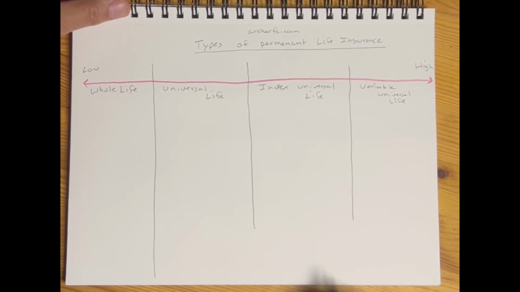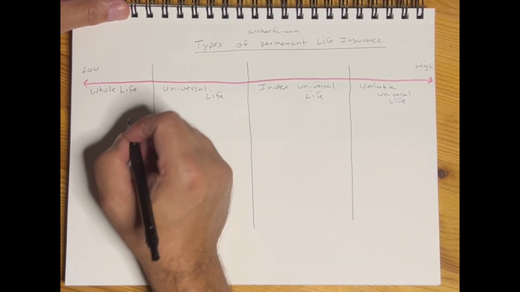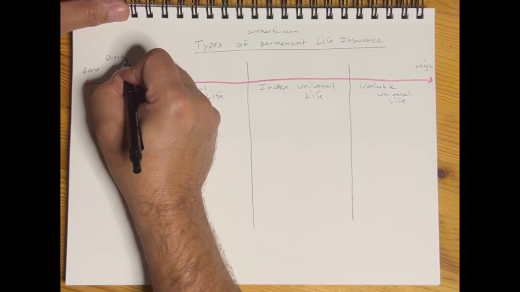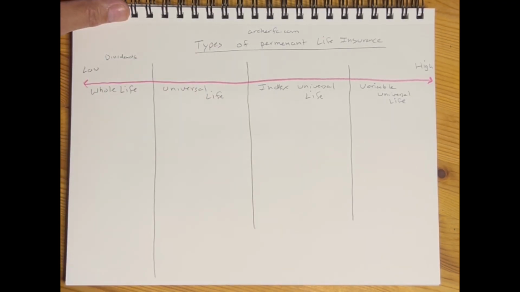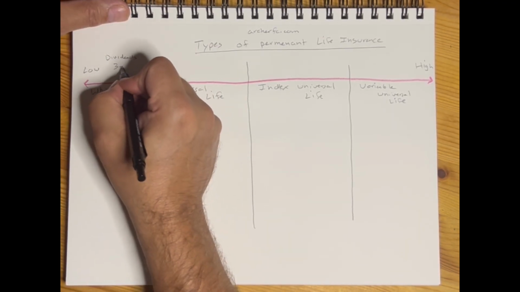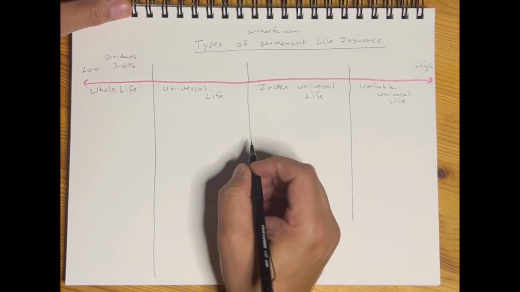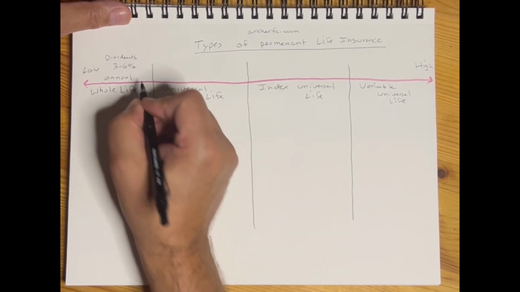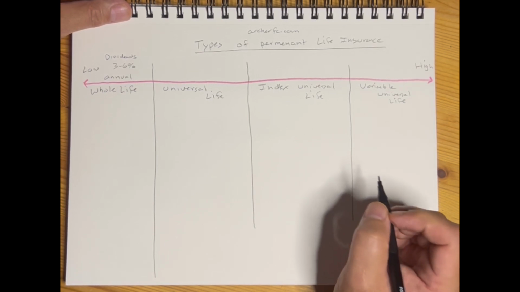So whole life, the reason that it has the lowest level of risk is because it gets paid in dividends. The insurance company is going to pay you a percentage of their profits annually based on the amount of money in your cash value.